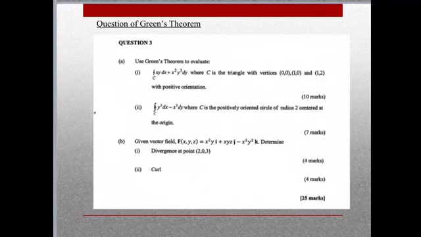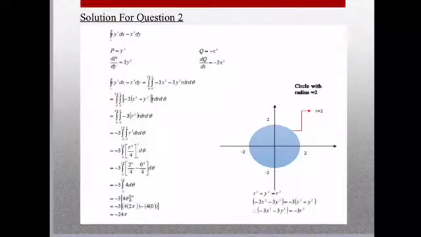And the second and last question for Green's theorem is: use Green's theorem to evaluate the integral over C of y cubed dx minus x cubed dy, where C is the positively oriented circle of radius 2 centered at the origin. So this is the solution for question 2.